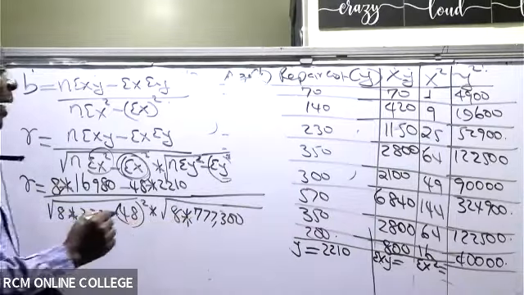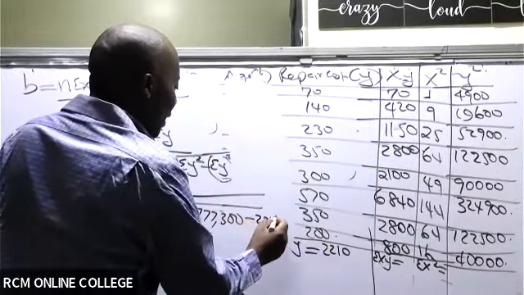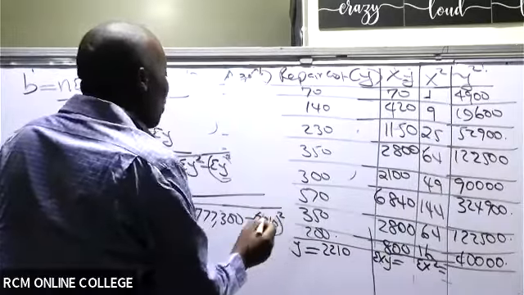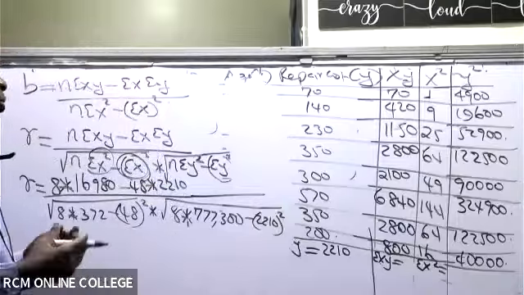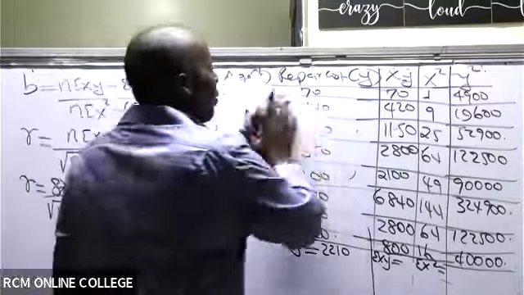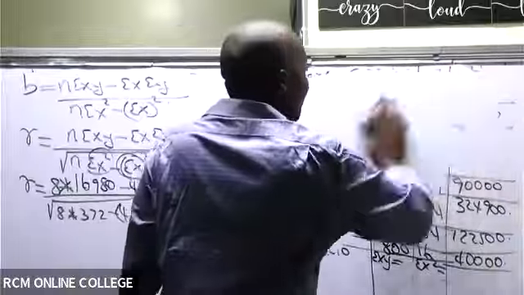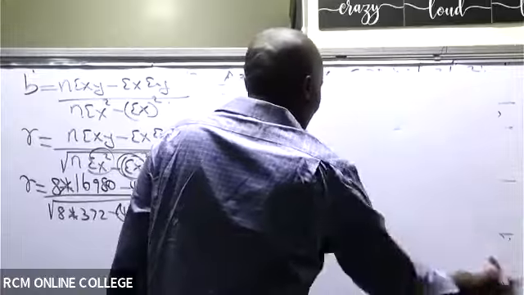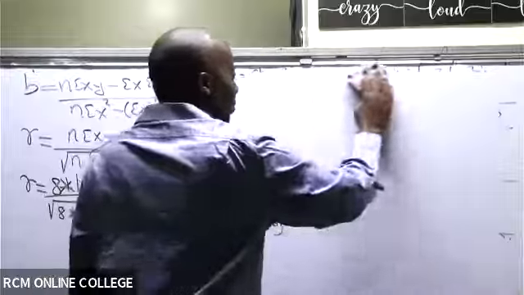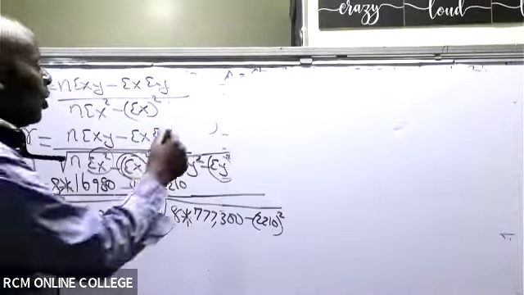Yes. Minus summation of y that I have here, 2210. Now you square this. It may look big, but trust you me, it's very simple. So then my R will be equal to what?